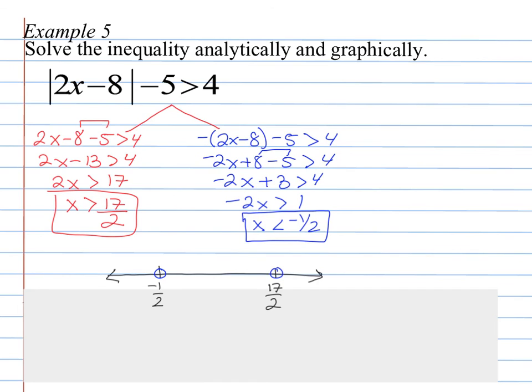It says x is less than -1/2, so all the numbers less than -1/2 are this way. All the numbers where x is greater than 17/2 would be going to the right side. So this would be my actual graph of the solution.